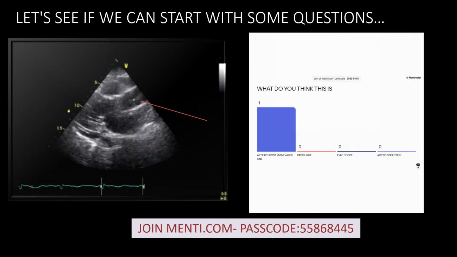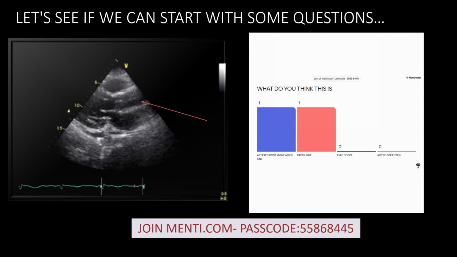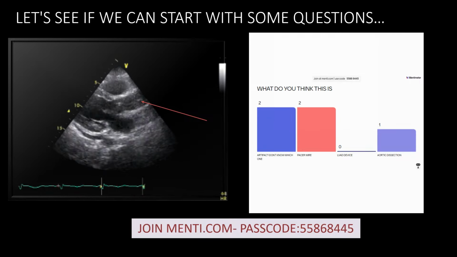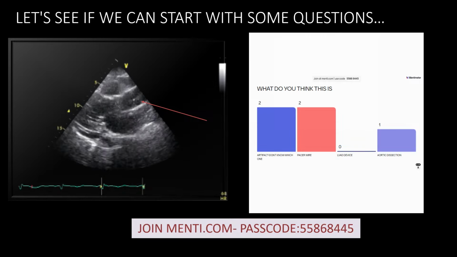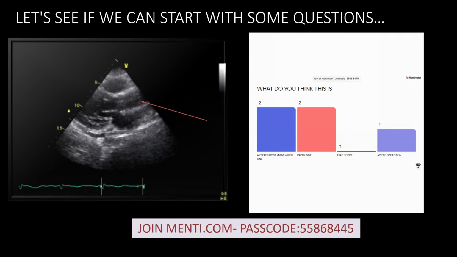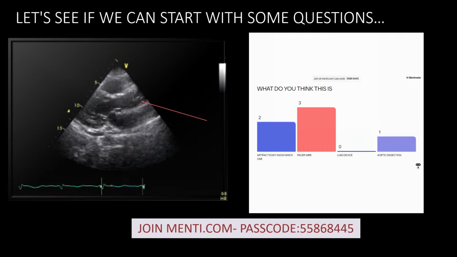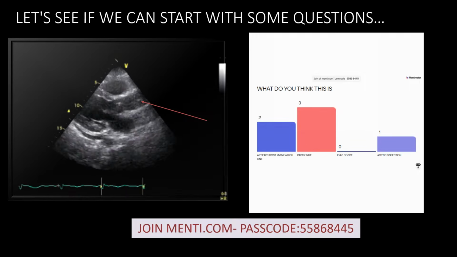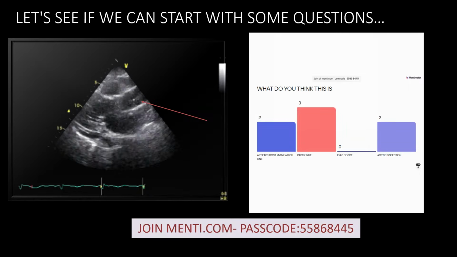All right, what do you think our first case is? Is that an artifact? I don't know which one, but possibly an artifact. A pacer wire, or is it an LVAD we are seeing flipping just through the LVOT? Versus is it a dissection? Like I said, audience online, welcome to vote in as well.